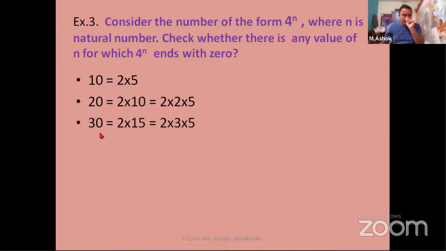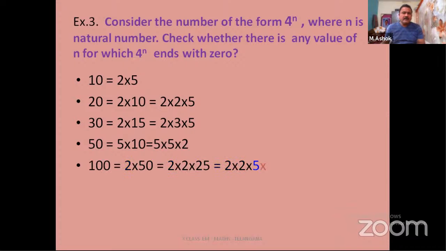Look at 30: 2 into 3 into 5. 50: 5 into 5 into 2. Already we know how to write the prime factorization of a number, as we discussed in the first class. Take 100. Its prime factorization is 2 into 2 into 5 into 5.